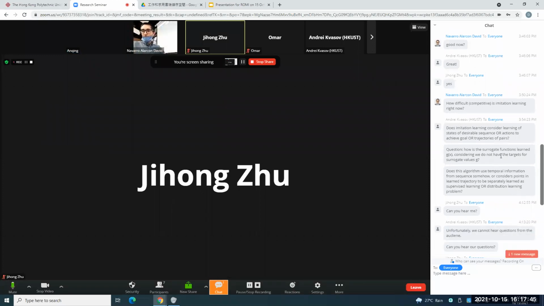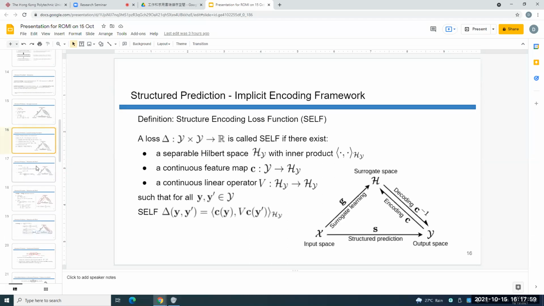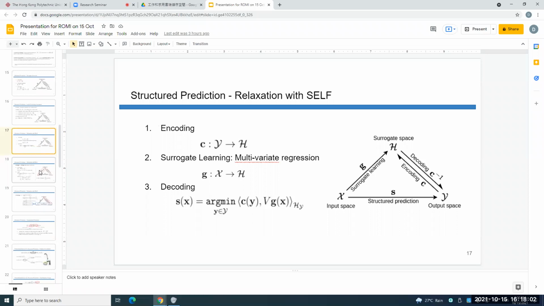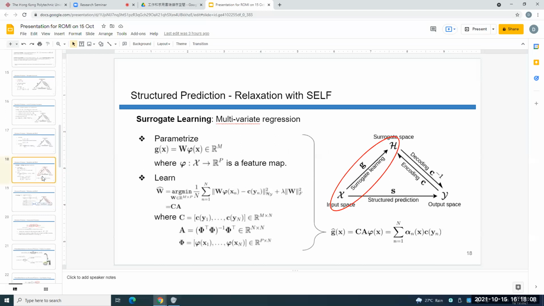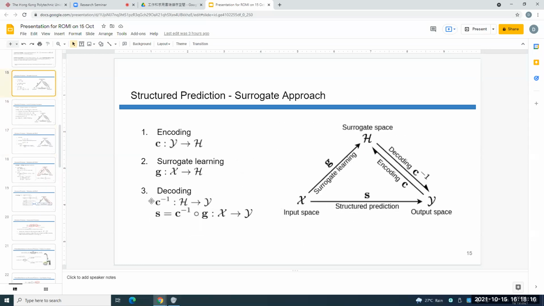For the surrogate learning, in the original surrogate approach framework, this encoding law C is designed manually.